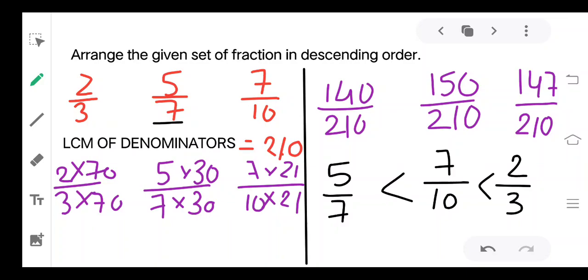So the greatest number is 150 upon 210, this is the first number, so I am going to write it down first. After that 147, that is 7 upon 10, and at last 2 upon 3.